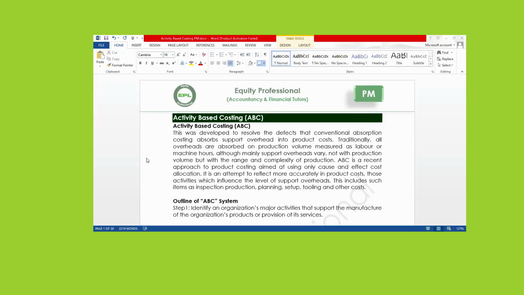In modern manufacturing environments, several overhead costs are generated which are not related to labor hours or machine hours. Hence, activity-based costing is believed to result in efficient cost allocation.